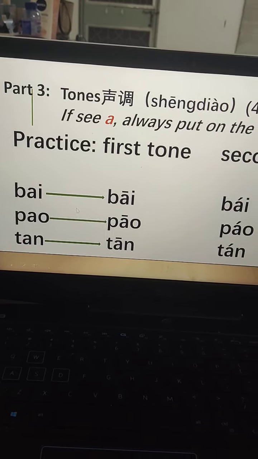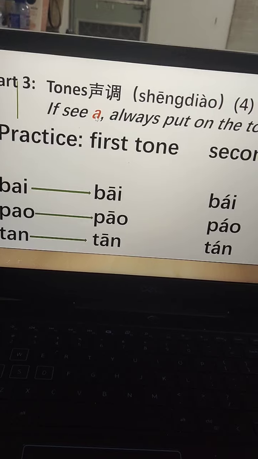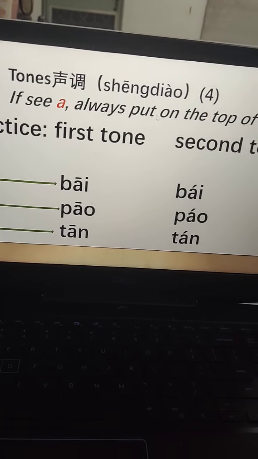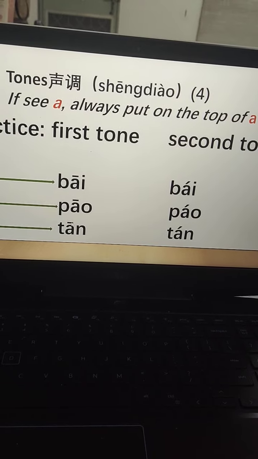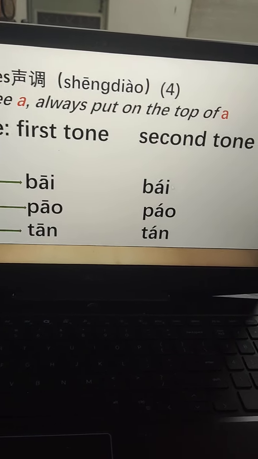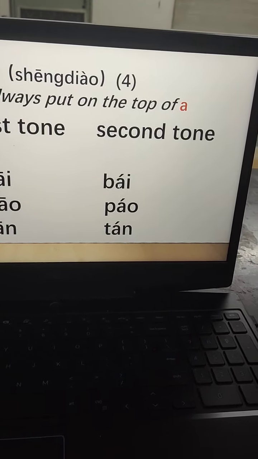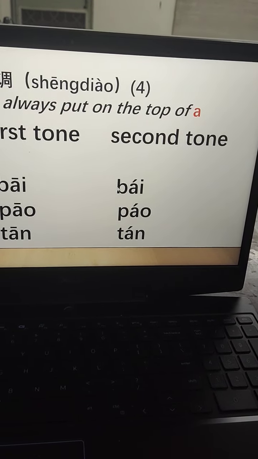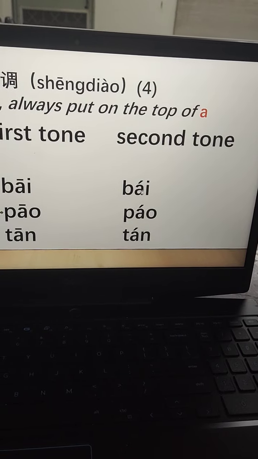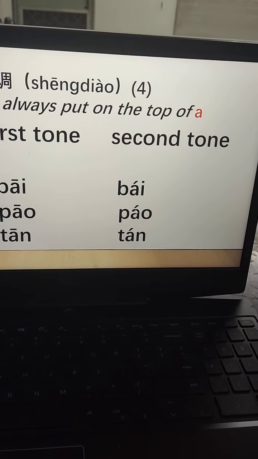Okay, this one is the same. Which one do you need to put the tone mark on, and why? Because if you see a, always put it on the top of a. That means the syllable only has one a, okay? Only has one a, you see?